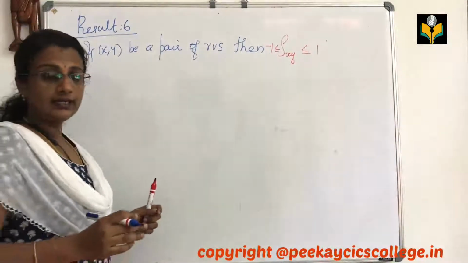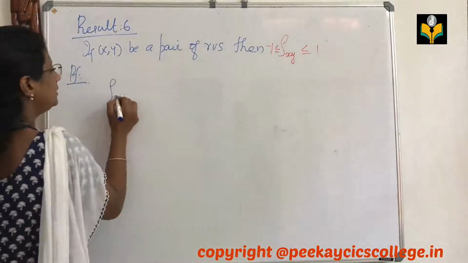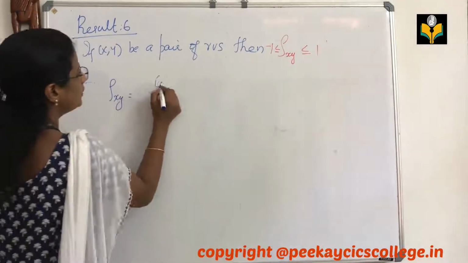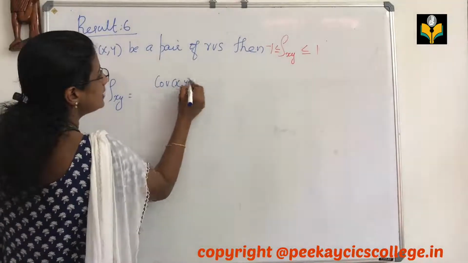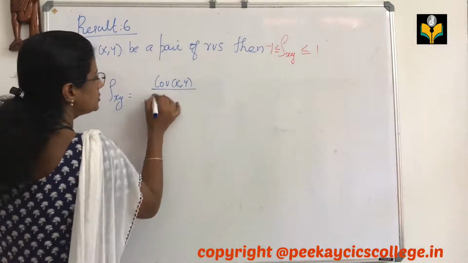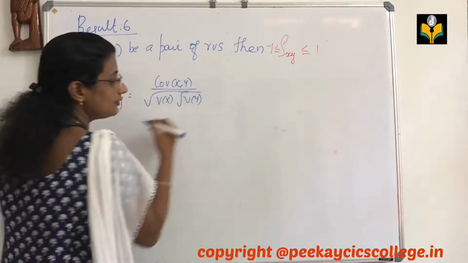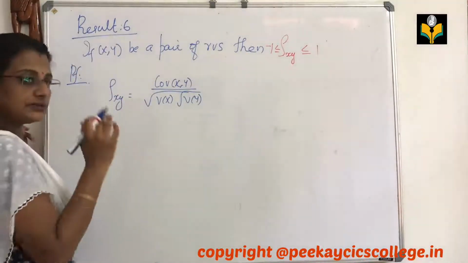We have already learned that in the case of expectation, rho xy equal to covariance of xy divided by square root of variance of x into square root of variance of y. ഓരോന്ന് സബ്സ്റ്റിറ്റ്യൂട്ട് ചെയ്ത് കൊടുക്കുക.